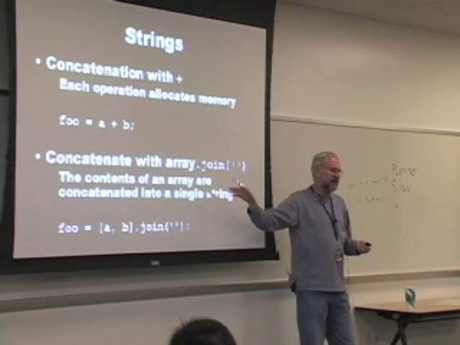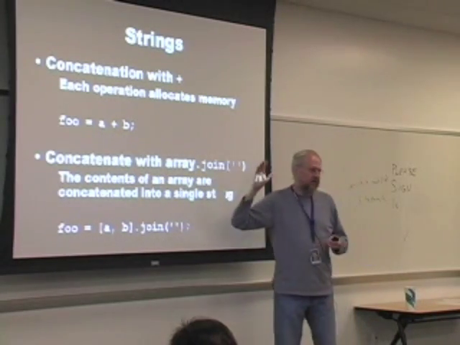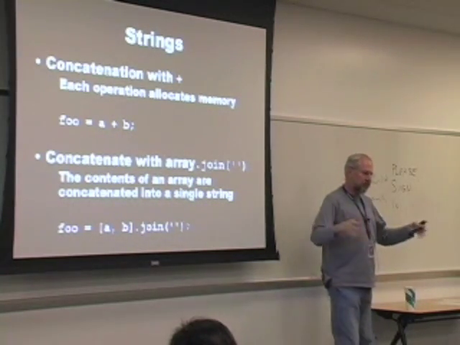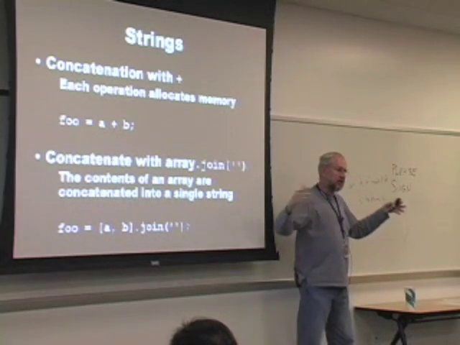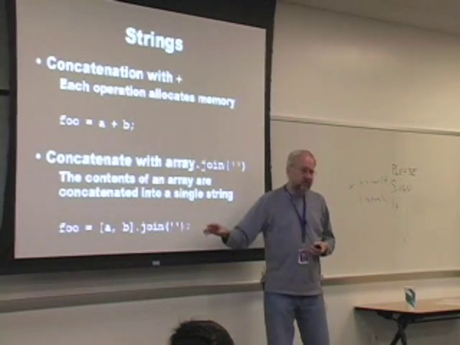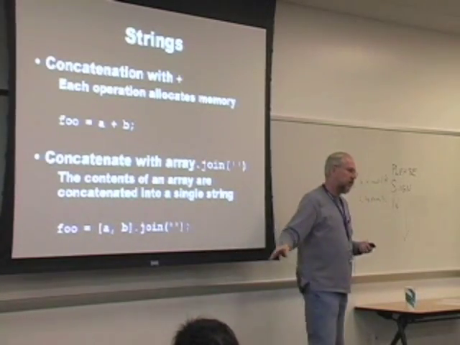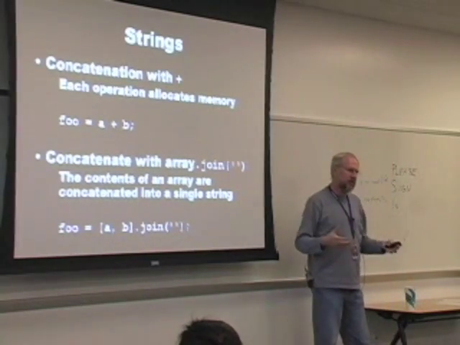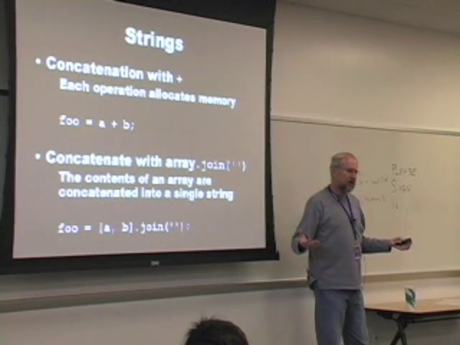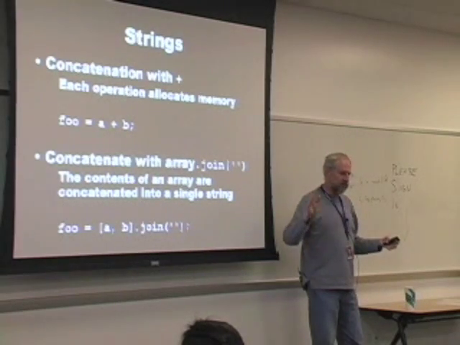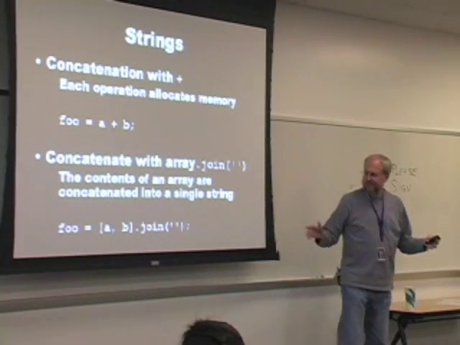It's really not very clever at how it does that. So if you do lots of concatenations, you're going through a lot of intermediate results and churning up a lot of memory. So an alternative to that is to use the array join method, which goes through each element of an array, turns that element into a string, and concatenates them together. For large sets of stuff, that can be significantly faster than doing plus, plus, plus, plus, plus.